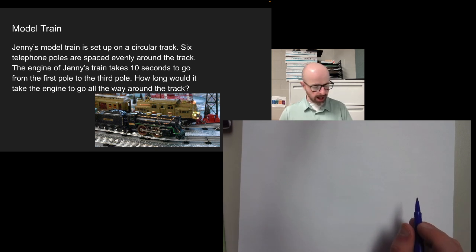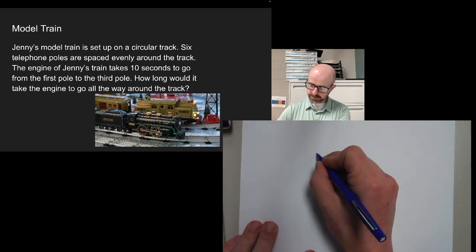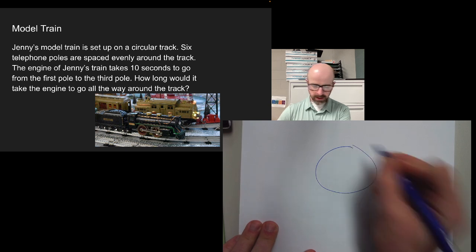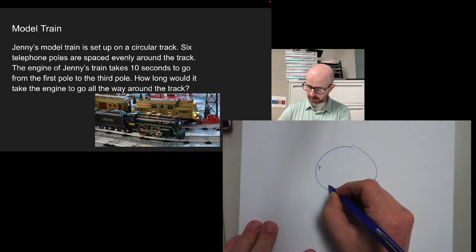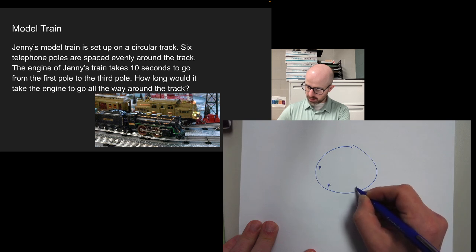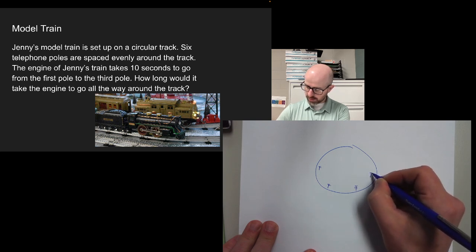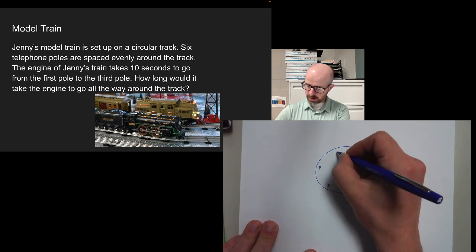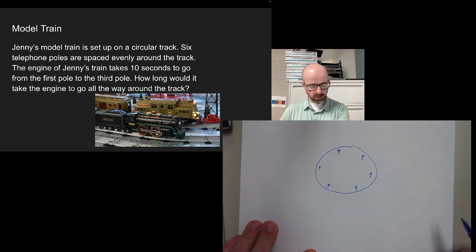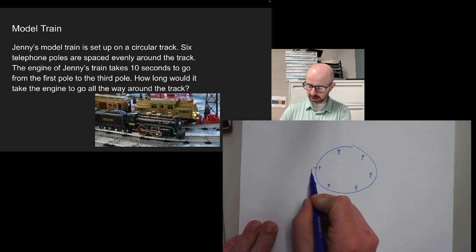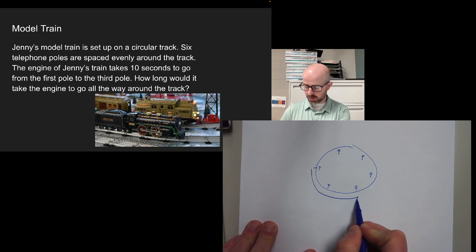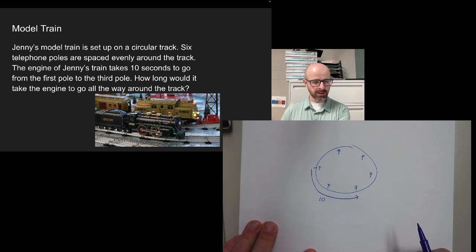So in a circle, I have my poles. So here's my first pole, here's my second, my third, my fourth, my fifth, and my sixth. Okay, there's my 6 poles. I start at the first one. It takes 10 seconds to get to the third one. That's where I am after 10 seconds.